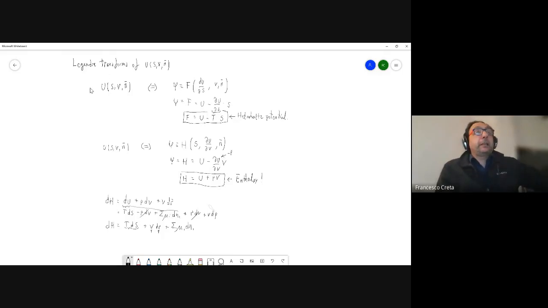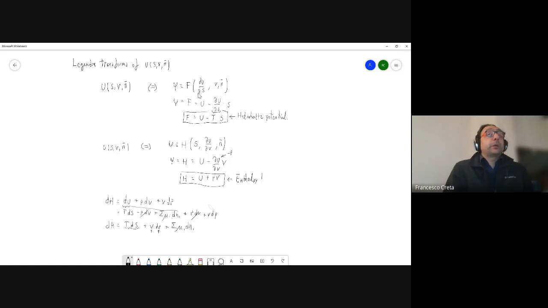We have seen that the Legendre transform is essentially an equivalent representation of a function like U of S in terms of its intercept on the y-axis and the gradient, the slope tangent to that curve.